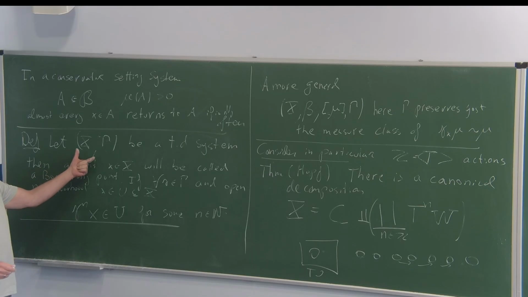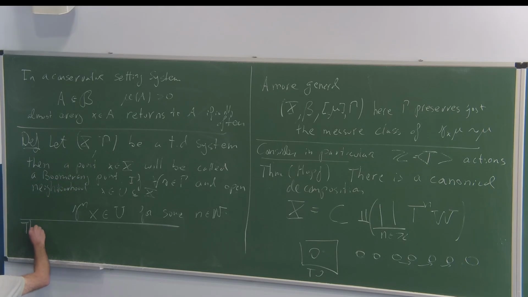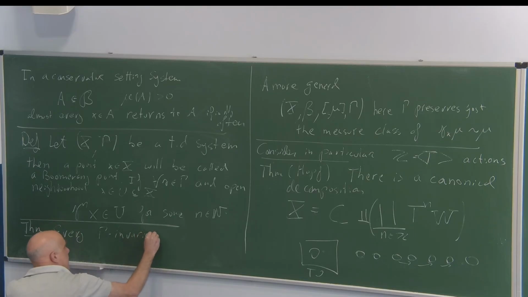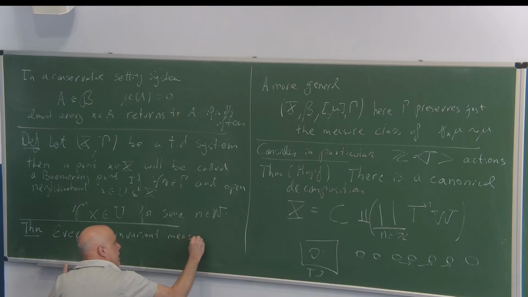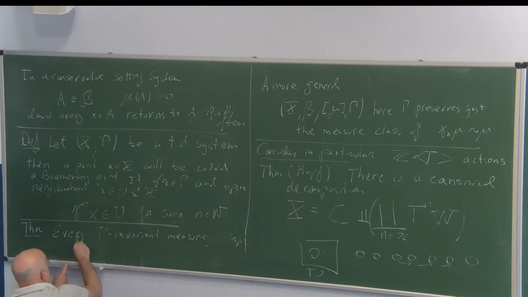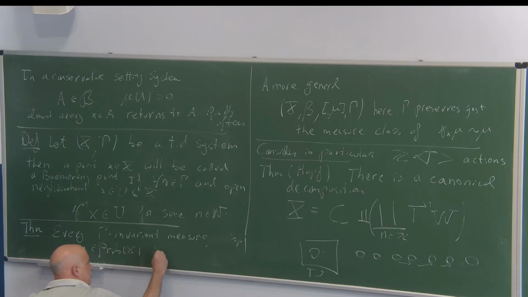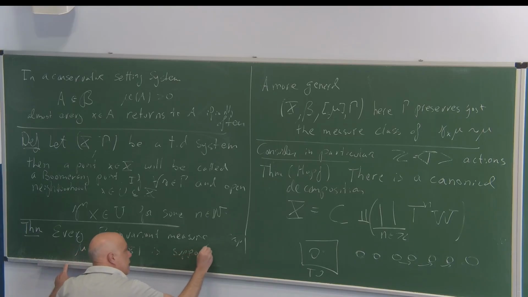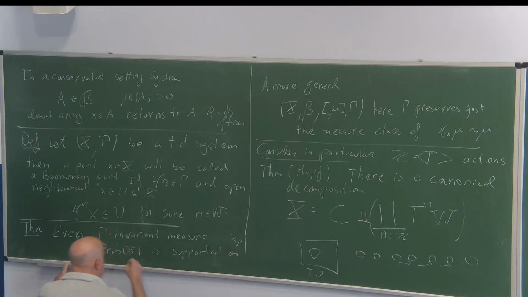It's a direct corollary of what I just said that every Gamma-invariant probability measure mu on X is supported on Boomerang points.